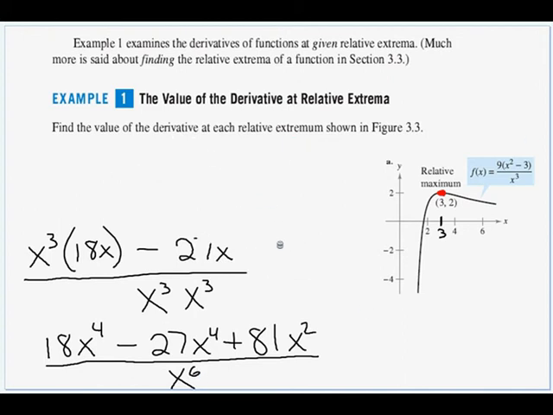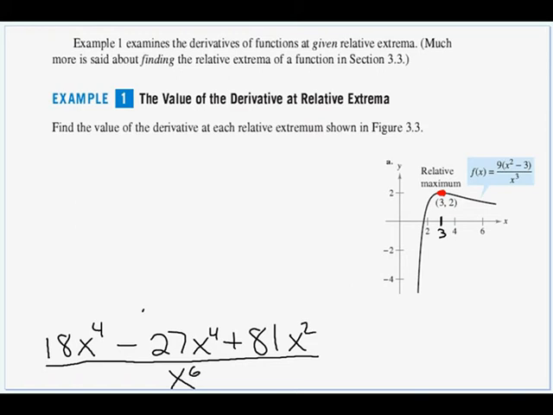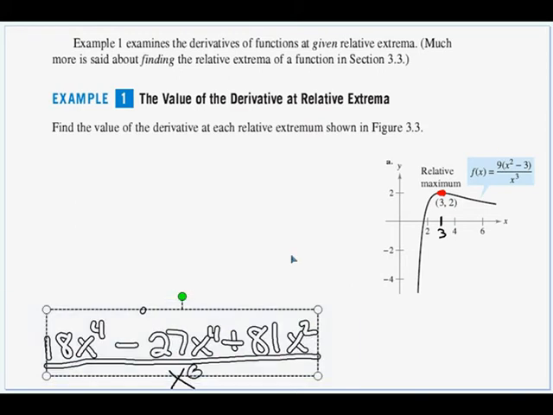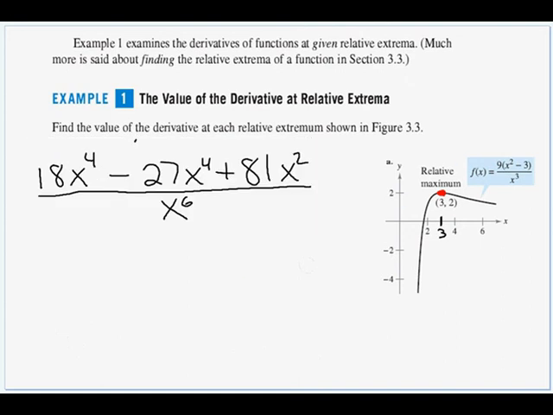And let me get rid of some of this clutter. All right, and if we simplify that numerator a little bit, 18x to the fourth minus 27x to the fourth gives us negative 9x to the fourth, plus 81x squared, all over x to the sixth.